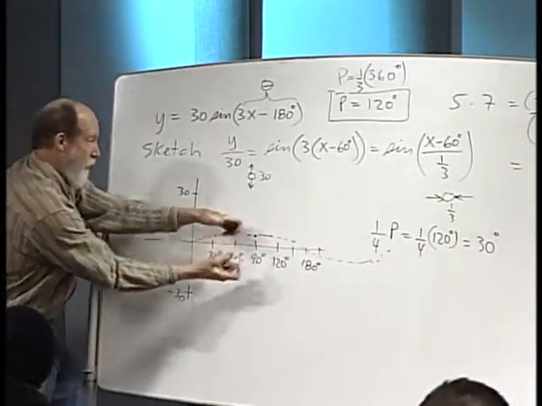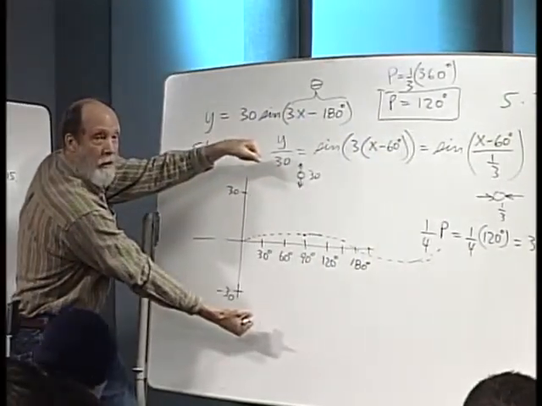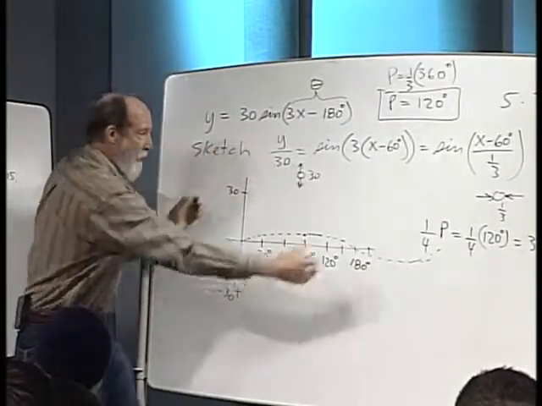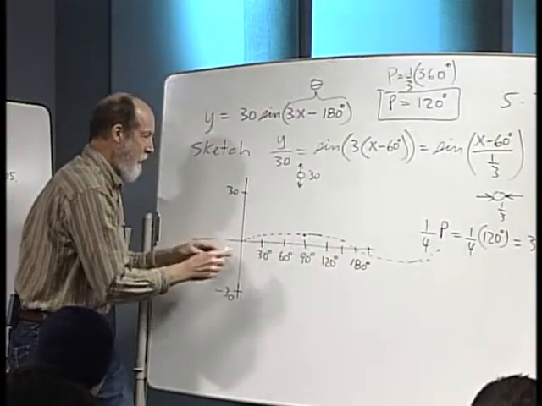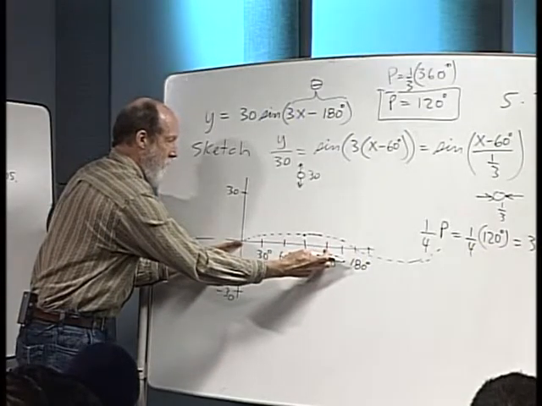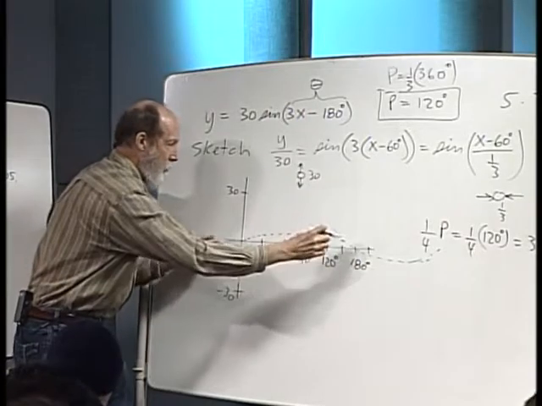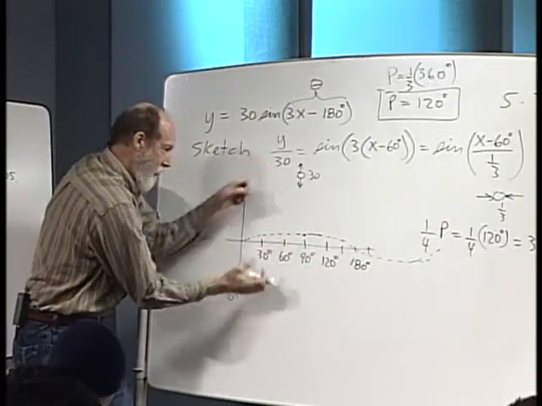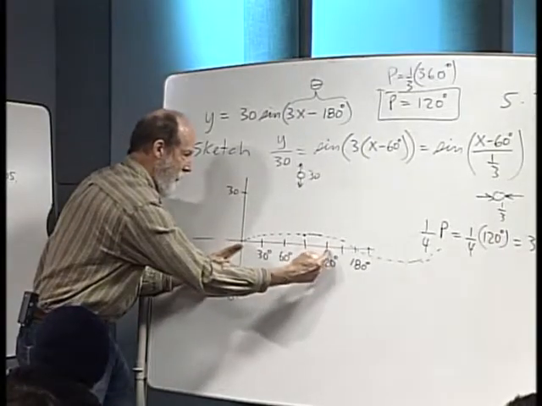So what we're doing is grabbing that graph and stretching it by a multiple of 30, and at the same time, we're squeezing it in. So we create a distorted graph, and I'm going to dot it. The period's 120, and I mark these points because once I do that compression and stretch, it's going to finish its cycle here.